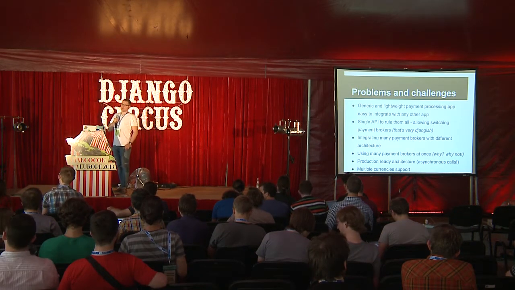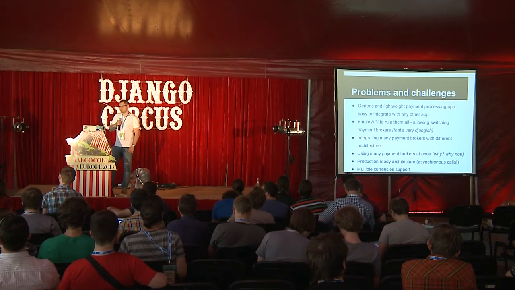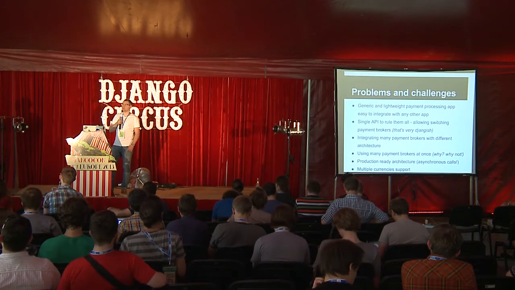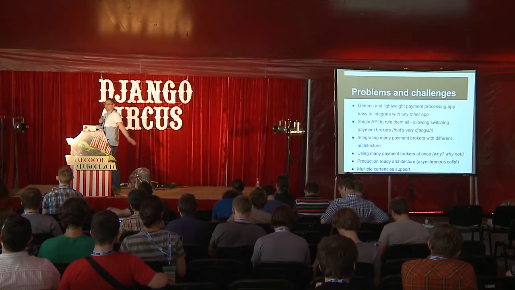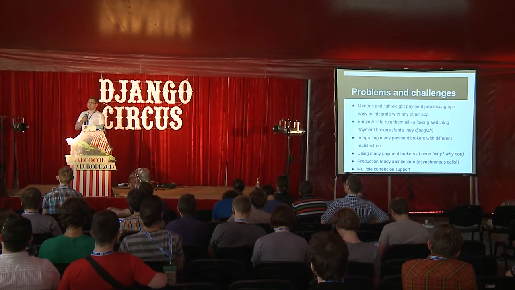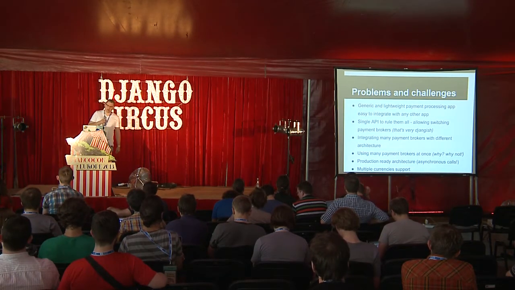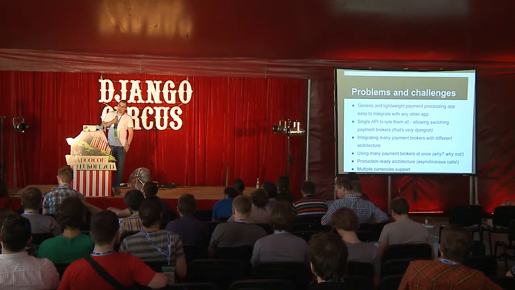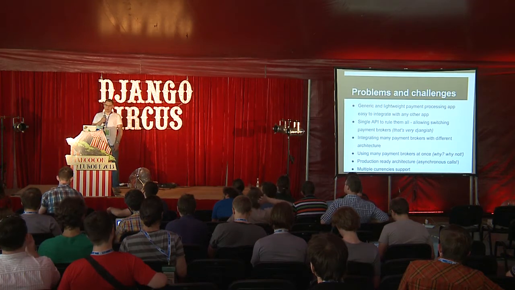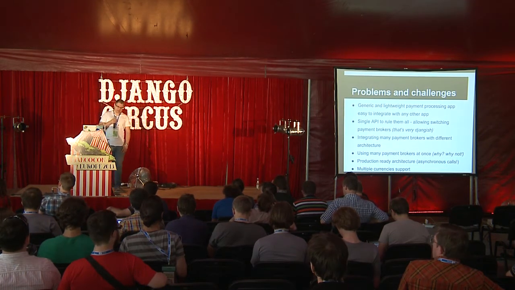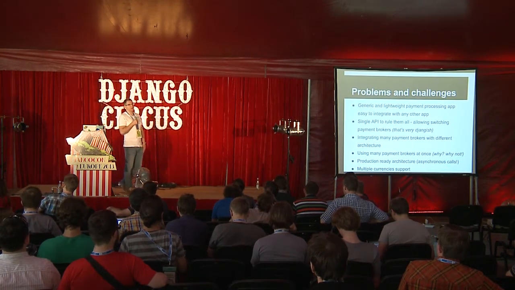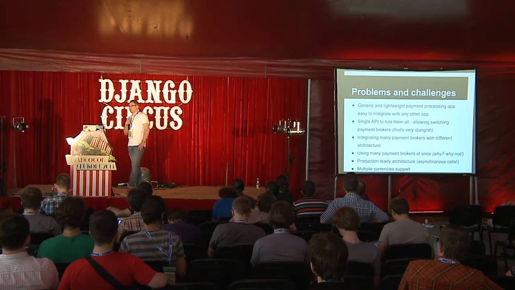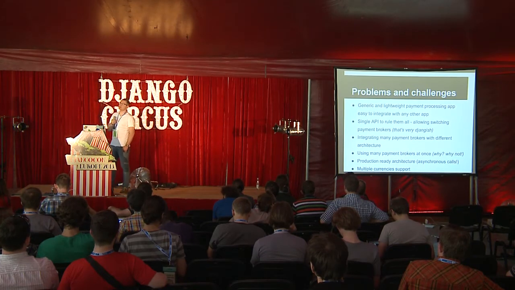So I wanted it to be very generic in this sense of integration, and I also wanted something very lightweight, so I don't need to install half the package repository from PyPI only to run it. This was my second thought about it. Another important thing is having a single API between many payment brokers. It was very important for me because I felt that this is a very Djangish way.